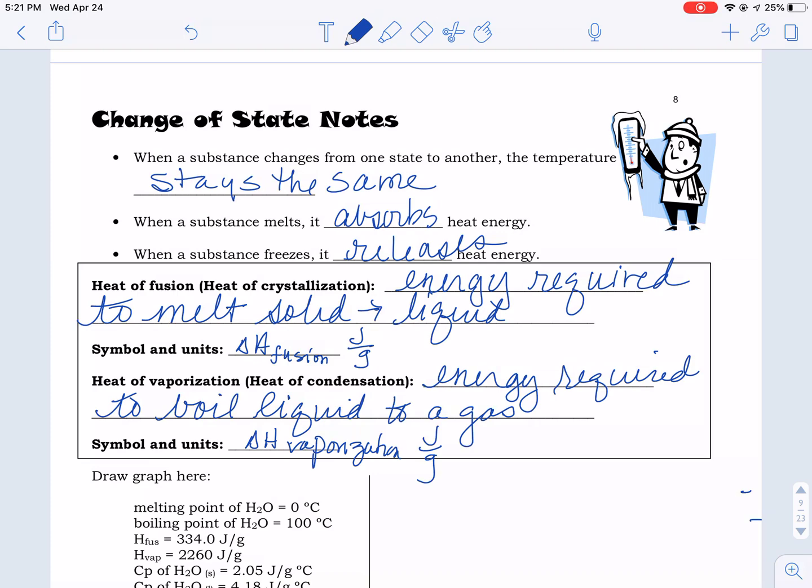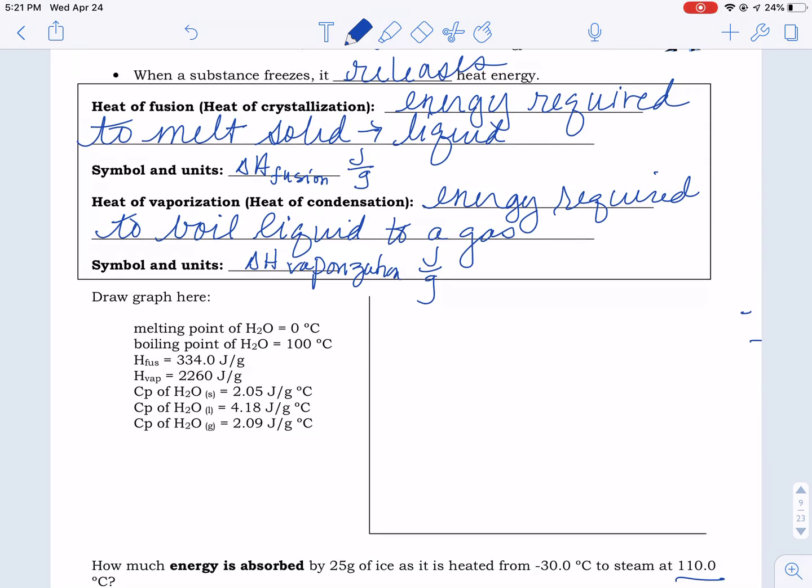Okay? So, I think I already said in the video earlier that we use Q equals mCΔT if we have a temperature change. But when something is melting or freezing, because there's no temperature change, we have to use Q equals mΔH.